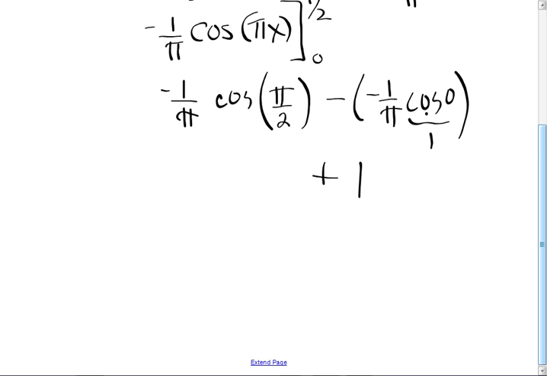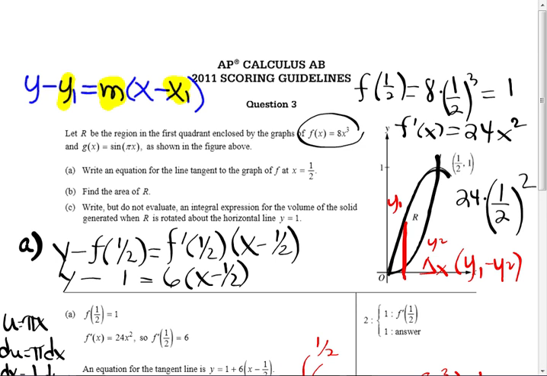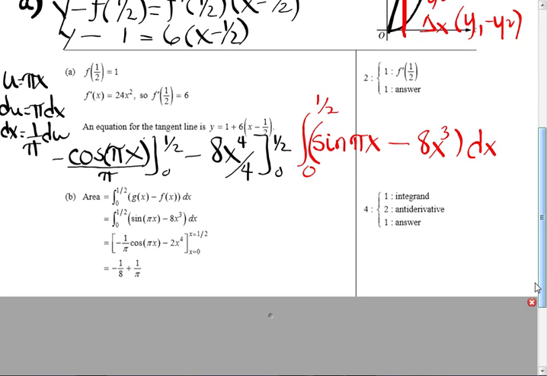What was the answer to A? Right there. 1 point for your derivative, 1 point for your answer. Here, you get a point for this. Here you get a point for each antiderivative. So you could get 1, 0, 1, and my bet is you get 0 for the answer.